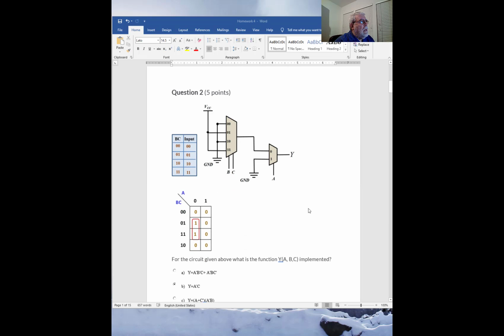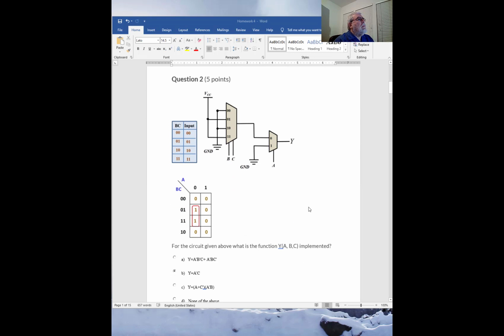The second question uses the same approach. You have a connection of two multiplexers in cascade. One is a 2-to-1 and the other one is a 4-to-1, and this is the table to check the condition.